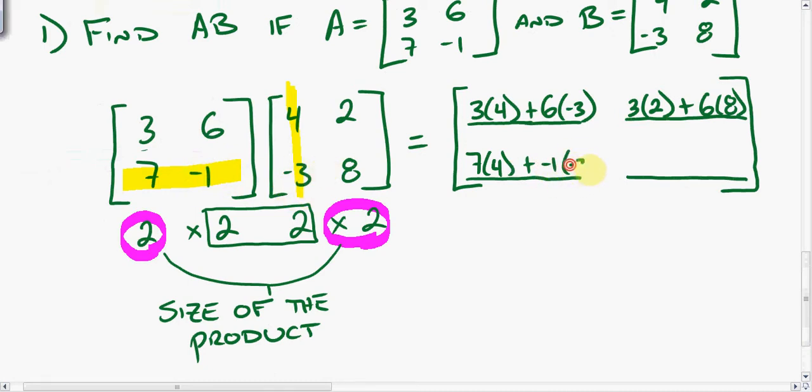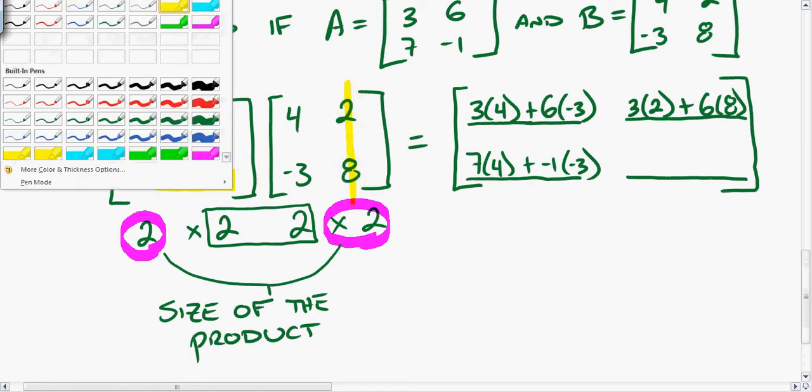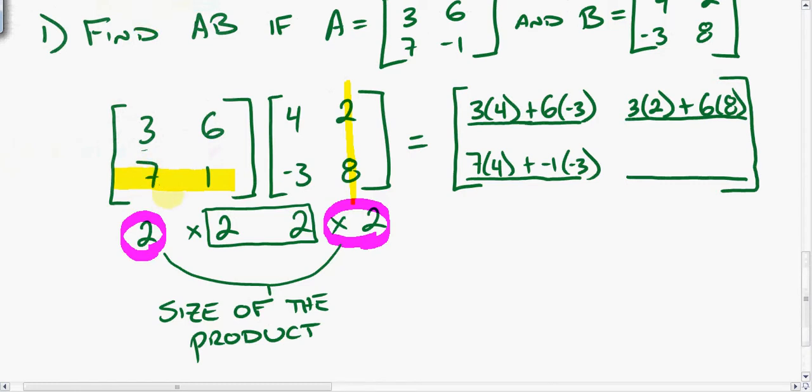Now that leaves one spot left, which falls in the second row, second column. So I've got my 7, multiply 7 by 2, and add that to the product of 1 and 8.